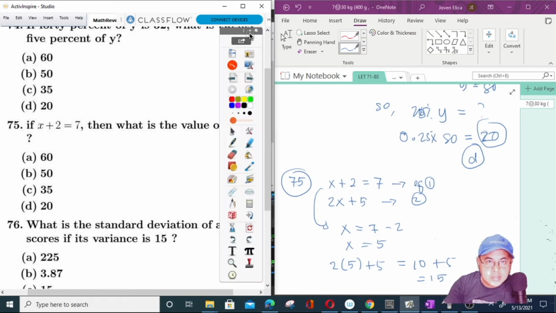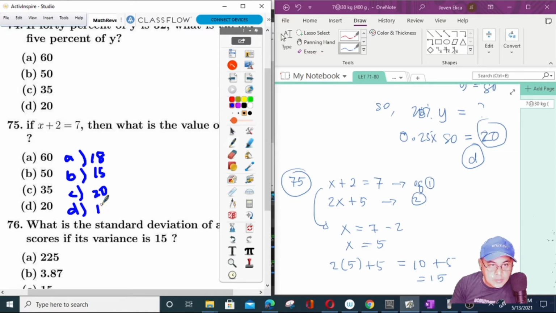Based on the given, the choices should be A, 18, B, 15, C, 20, and D, 12.